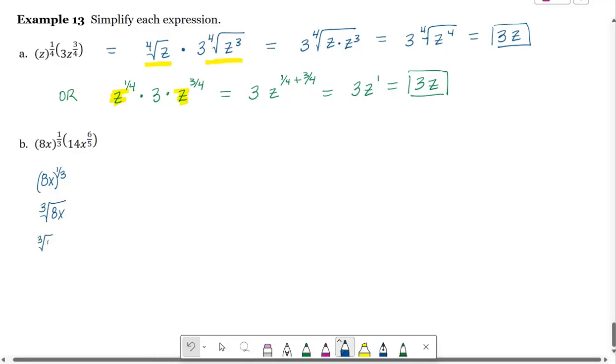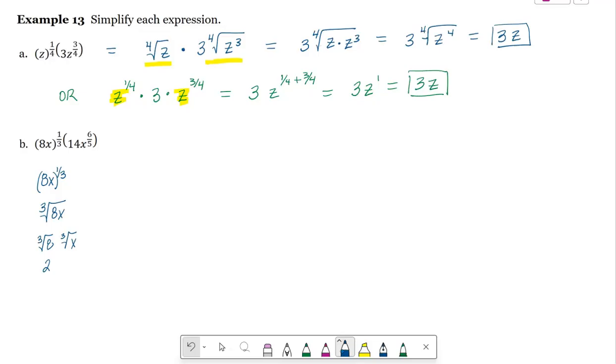The cube root of 8 is 2, so it looks like I've got 2 times the cube root of x. Looking at the second term, that 14x to the 6/5, the 6/5 only belongs to the x and not to the 14. So that 14 is kind of going to be on its own.